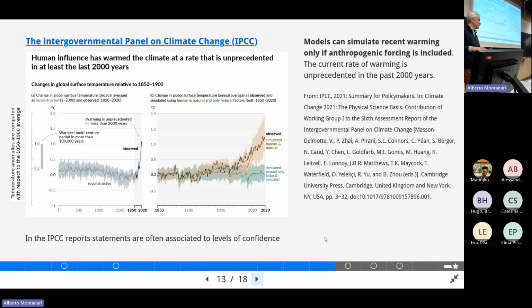It has been composed by, I would say, some hundreds of scientists working on the different disciplines that are part of climate science, including social sciences, communication, etc. Basically, the Intergovernmental Panel on Climate Change, and you have the link here on these slides, we can open it.